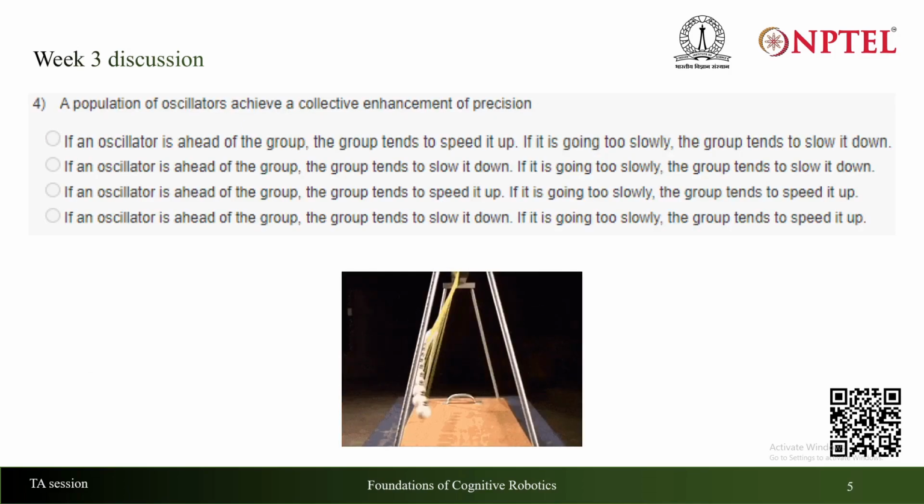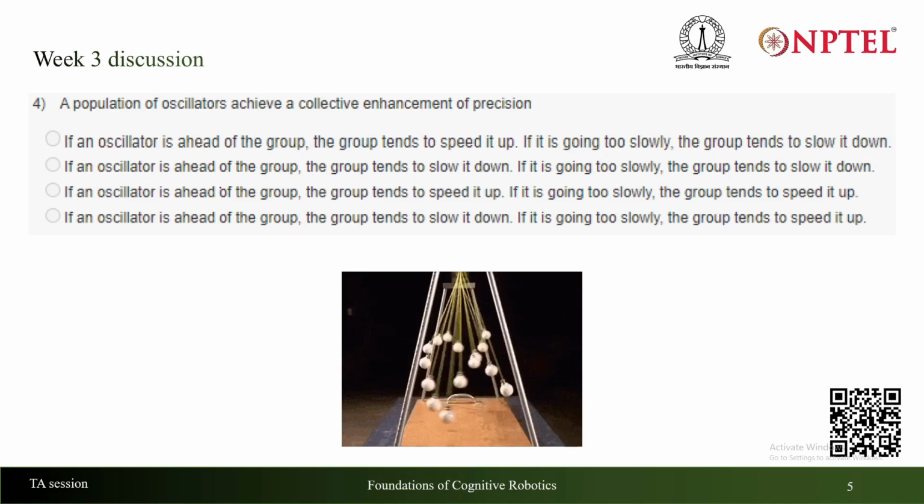Coming to question 4: a population of oscillators achieves a collective enhancement of precision. You have four options. If an oscillator is ahead of the group, the group tends to speed it up; if it is going too slowly, the group tends to slow it down.